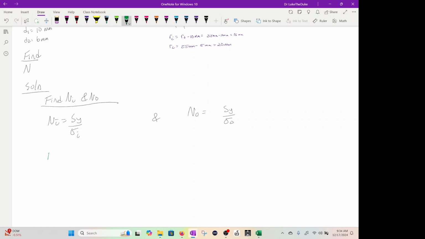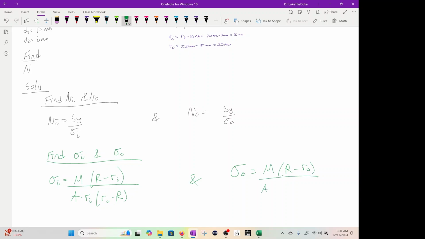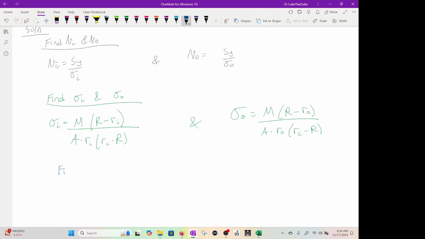Well, we need to find sigma I and sigma O. Sigma I is equal to M times big R minus Ri, divided by A times Ri times Rc minus big R. And then sigma O is M times big R minus R naught, divided by A times R naught times Rc minus big R. So in these equations, we need to find big R, A, the area shape factor, and the moment.